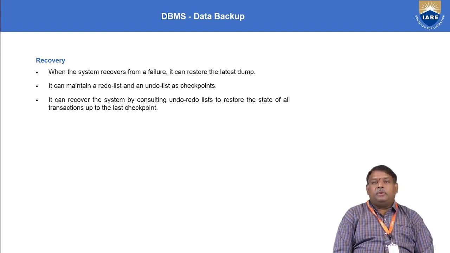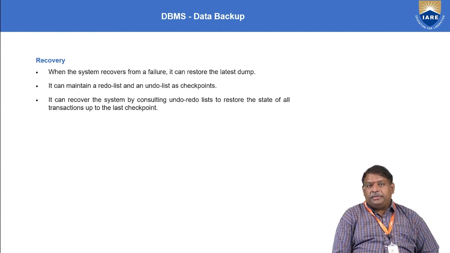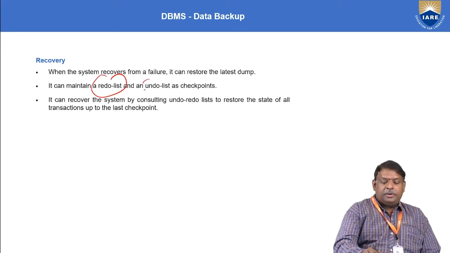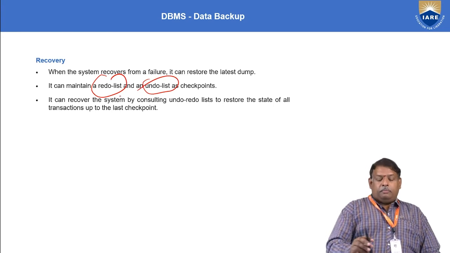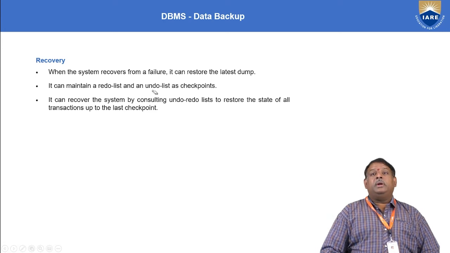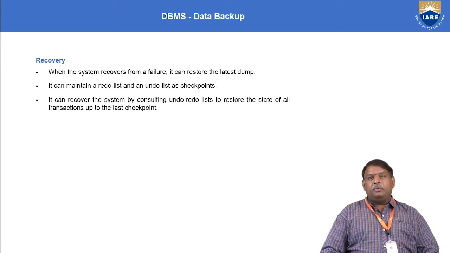So when there is a failure, you can restore from the latest dump. Then it maintains a redo list and undo list. By referring to the undo-redo list, it restores back to the old checkpoint.